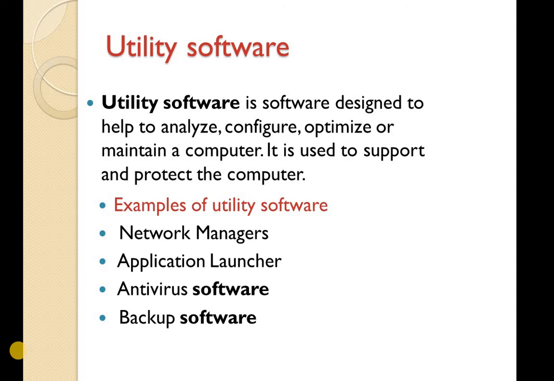With the backup software, we can retrieve our information intact. There was a time I mistakenly deleted a very important picture. I just went to my backup software and I was able to retrieve that picture. So that is one of the features of utility software.